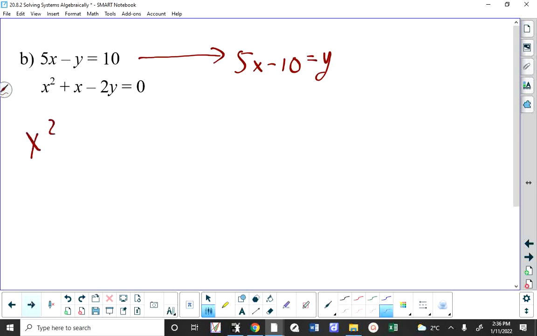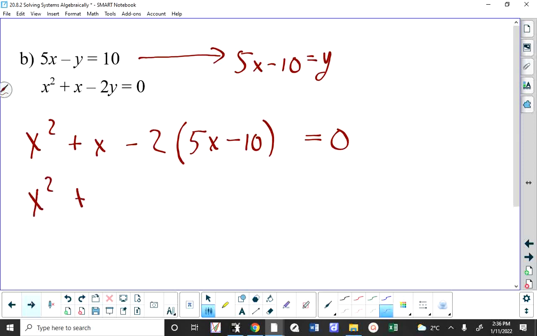So the second equation is x squared plus x minus 2y. But y is 5x minus 10. This is equal to 0. Simplify by multiplying this negative 2 into the binomial.